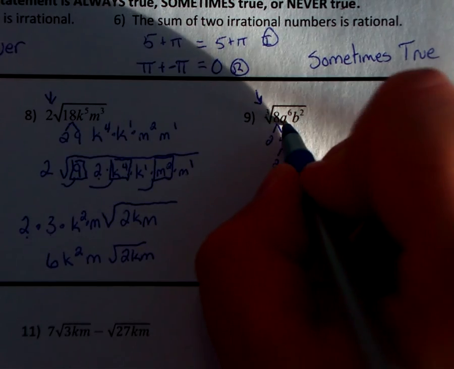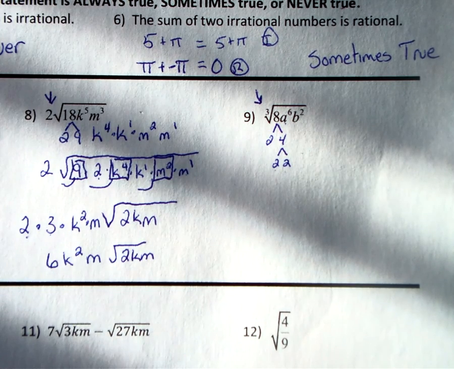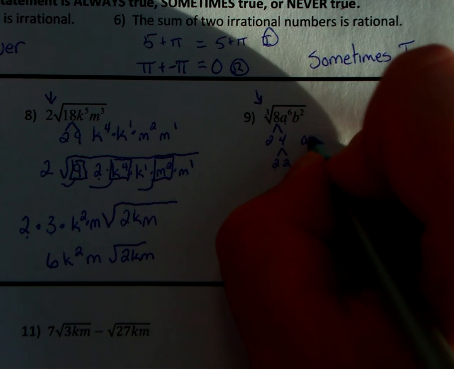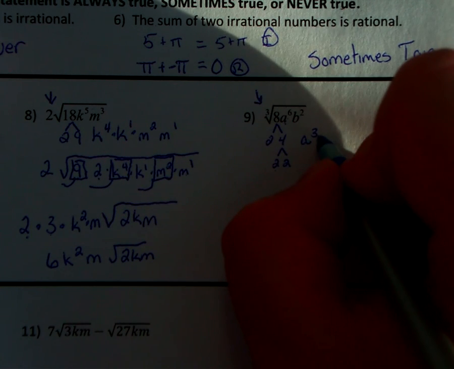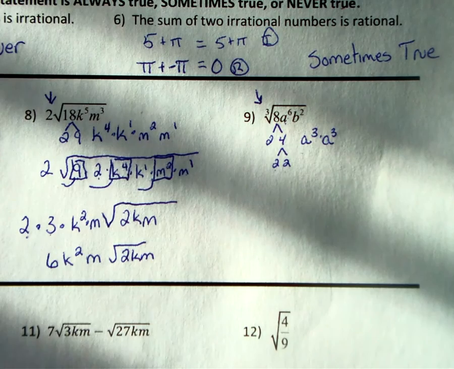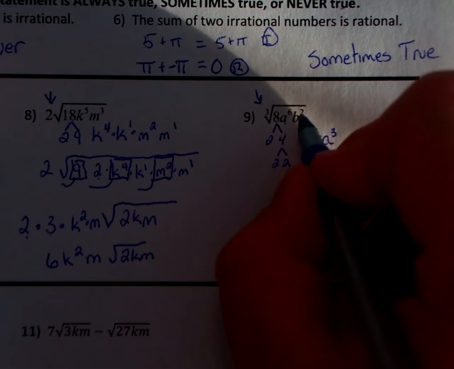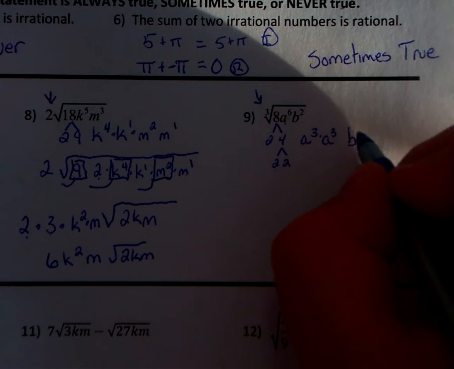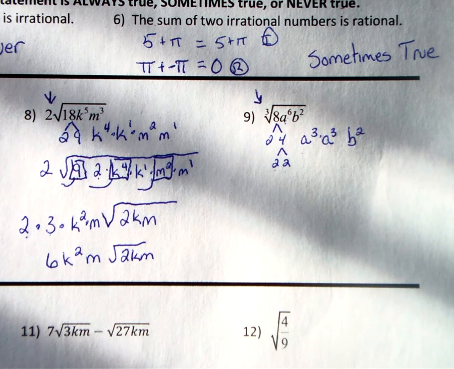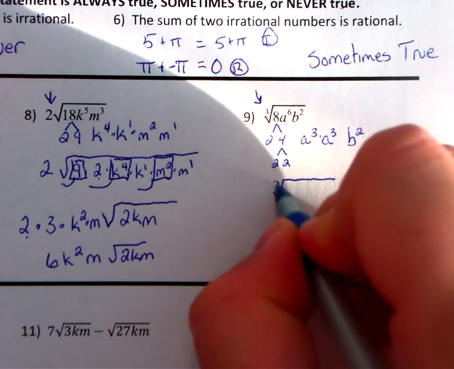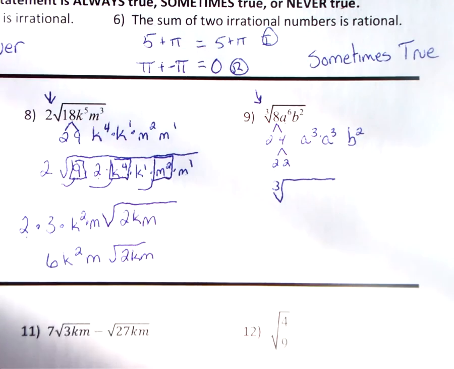Now, the other thing I like to do is go ahead and break up any powers down. So I want to see sets of 3 of those as well. So a to the 3rd power times a to the 3rd power is the same thing as a to the 6th power. And while we're writing things down, I'm going to go ahead and write down the b squared so that I don't forget that it's up there. So let's clean up what we have. We have the cube root, and we're pulling out sets of 3.